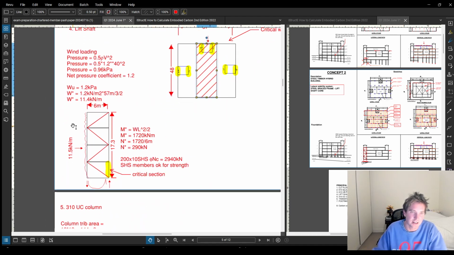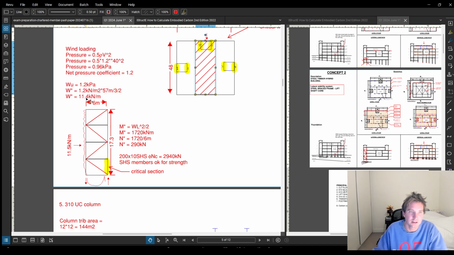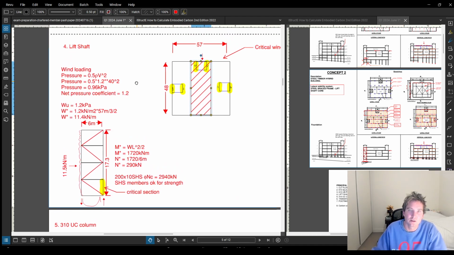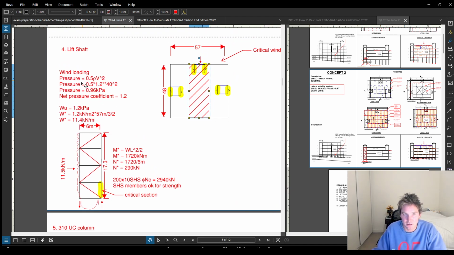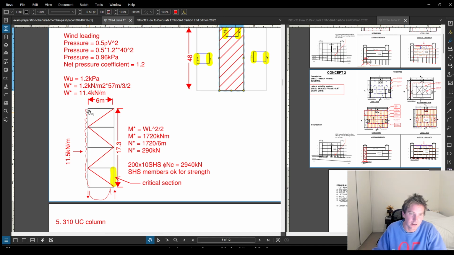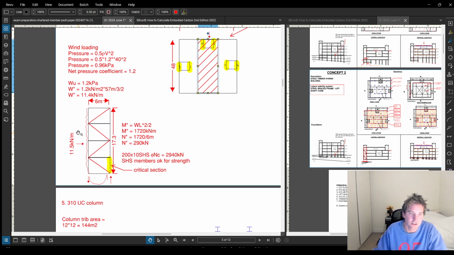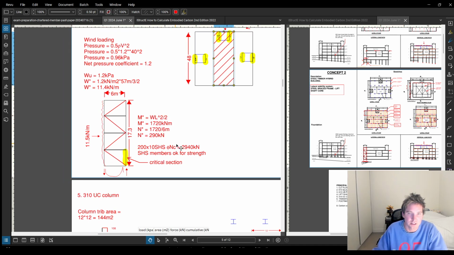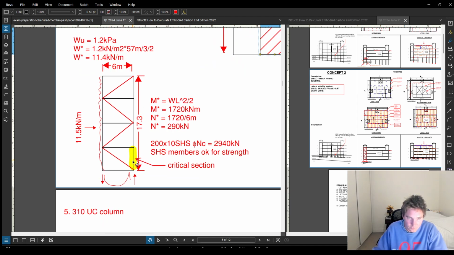So I sketch that. Here's one frame essentially over here, and if you follow my calcs through, that's where I get this wind pressure, which starts at 40 meters per second. I convert that to pressure, net pressure coefficient, and so on. I get this UDL along the frame, and I essentially just turn that, it's a cantilever, WL squared on 2. You get a push-pull. These are all the same section sizes. I got 200 by 10 SHS, which is square hollow section. This is my critical section here because it's in compression.